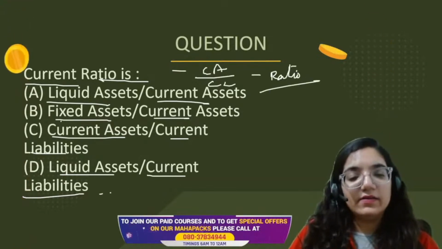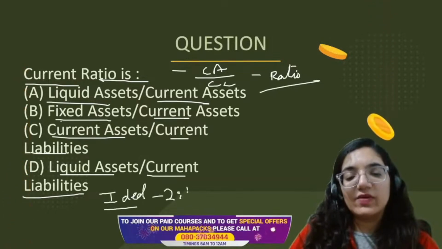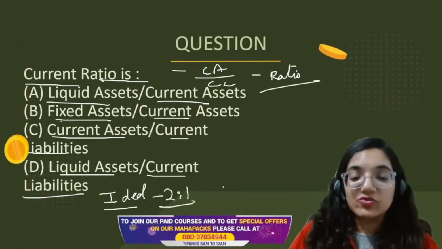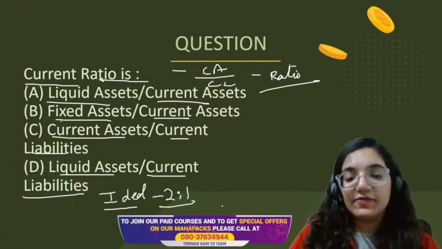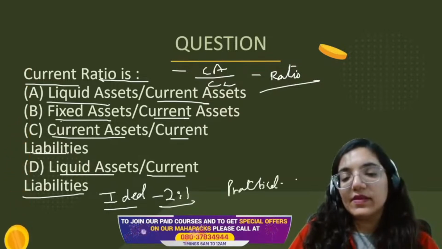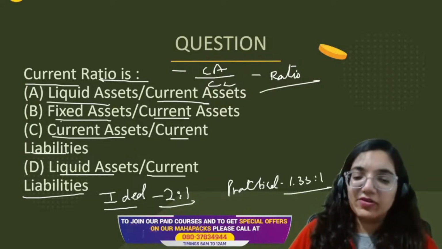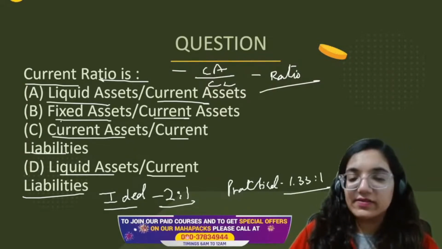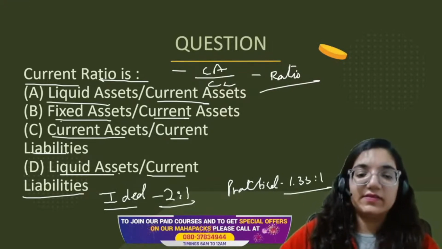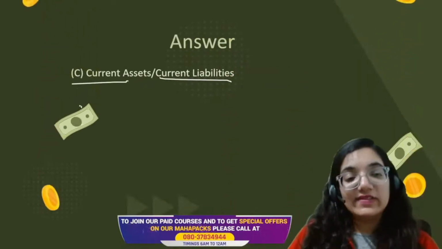The ideal debt equity ratio is 2:1. In terms of books, it is 2:1. In practical life, it is 1.33:1. If you have to pay 1 rupee, you should keep it max 1.33, not more than that. The answer is current assets upon current liabilities. So this is current ratio.